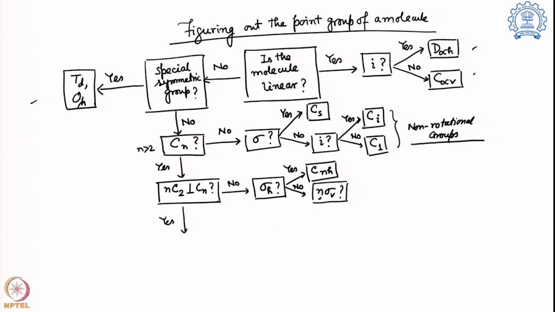So, if it is a C3, it will have 3 sigma v's. If it is a C4, it has to have 4 sigma v's or nothing, nothing in between. This is the next question we ask, and the answer can be yes or no. If the answer is yes, it belongs to point group Cnv. If the answer is no, then it belongs to point group Cn, where I have only the Cn there but nothing else. So, that is how we can differentiate single axis rotation groups.